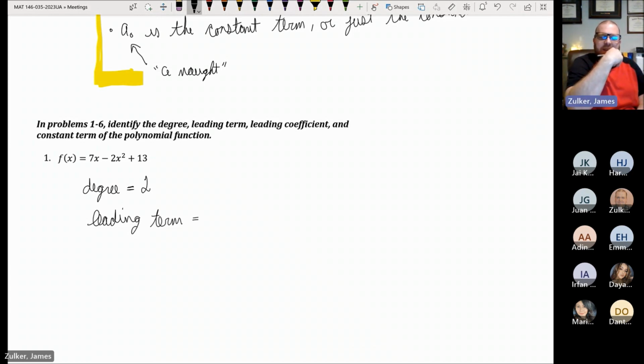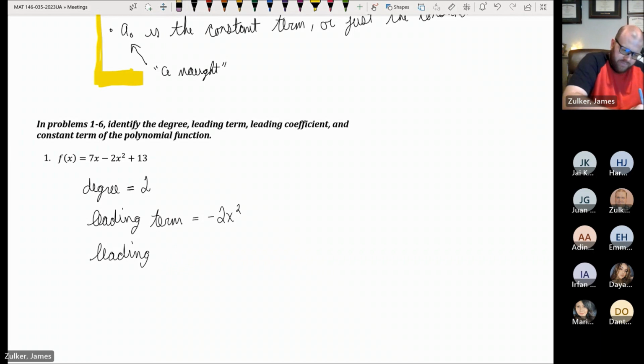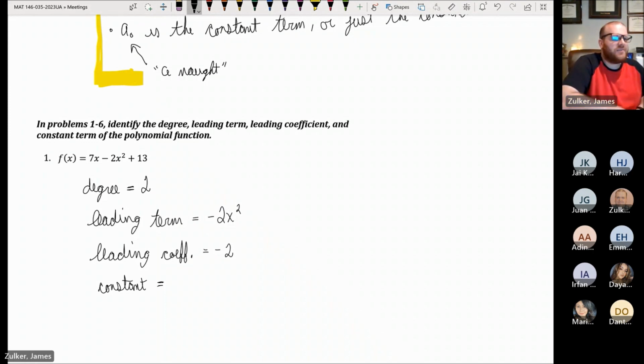Negative 2 would be the leading coefficient. And then finally, the constant. It's 13.